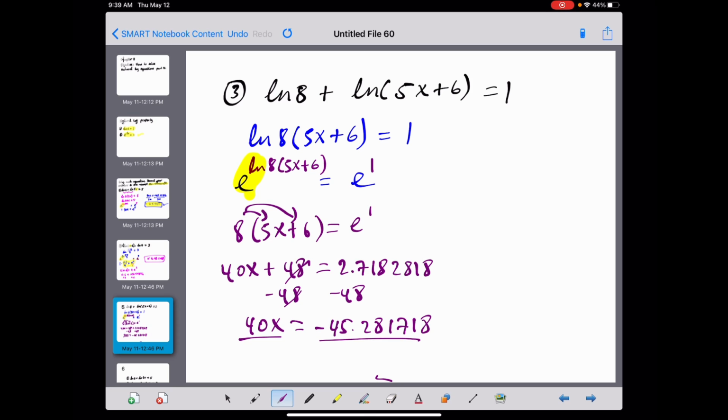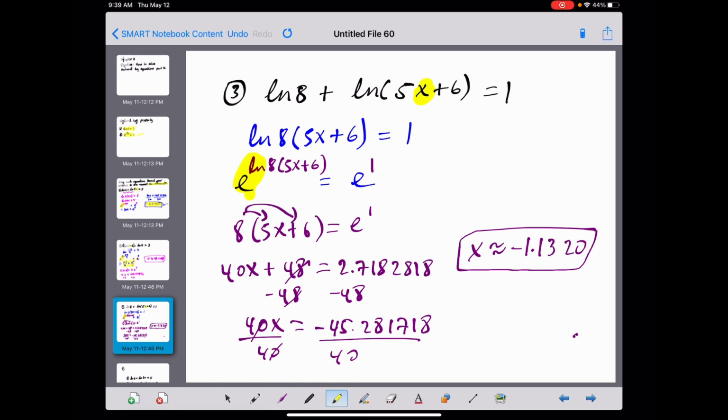And then divide both sides by 40. So x approximately comes out to be negative 1.1320. Okay, and if you were to plug this negative into where the x is and work it out, it's going to give you a positive answer. So this answer is safe. Okay.